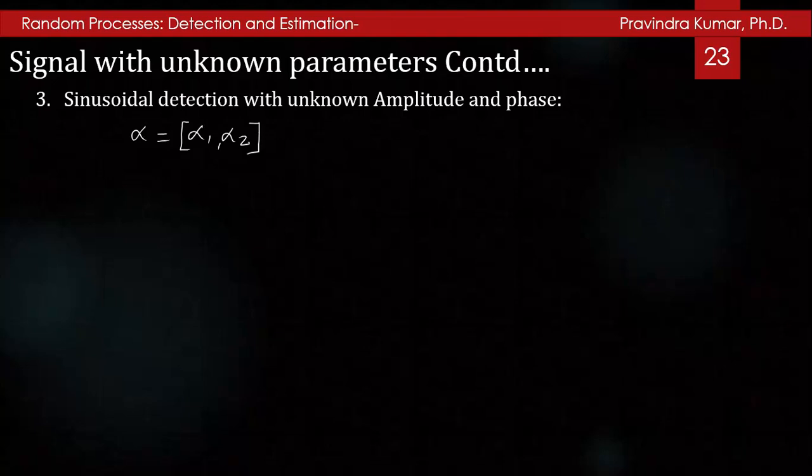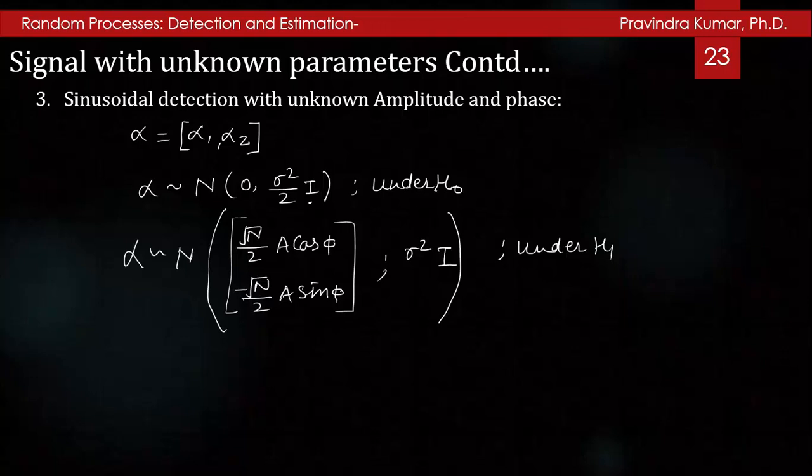So α is here α1 and α2, and α is normally distributed with mean 0 and variance σ²/2 times the identity matrix I under hypothesis H0, and under hypothesis H1 it is normally distributed with mean vector (√(N/2) A cos φ, -√(N/2) A sin φ) and variance σ²/2 times the identity matrix I. In this case, the probability of false alarm is e^(-γ'/σ²).